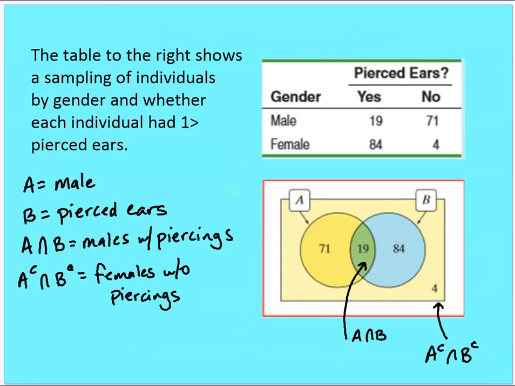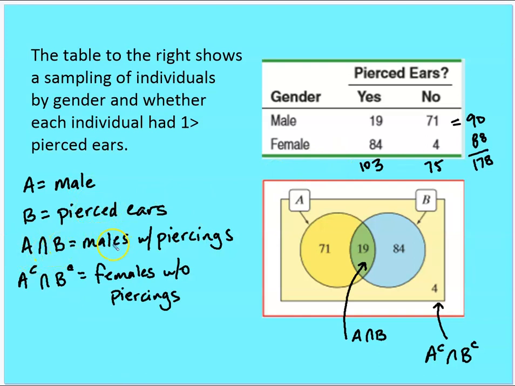All right, so let's go back to our two-way table and the pierced ears example. The table to the right shows a sampling of individuals by gender and whether each individual had a pierced ear. And so we can see how this plays out. Event A is 71 for a count. Event B is 84. So A is male, B is pierced ears.